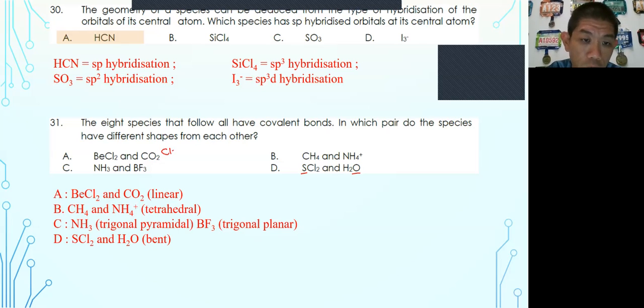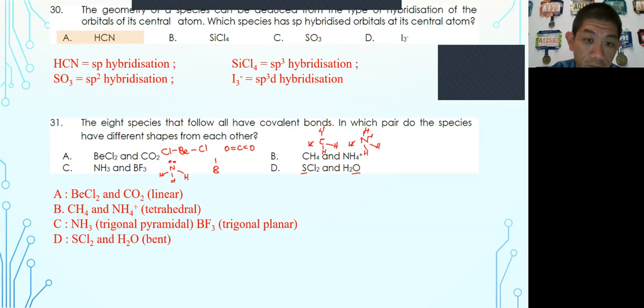This is how BeCl2 looks like. Okay, this is how CO2 looks like. And then this is how CH4 looks like. And this is how NH4 plus looks like. Okay, this is how NH3 looks like. NH3 has a lone pair electron.